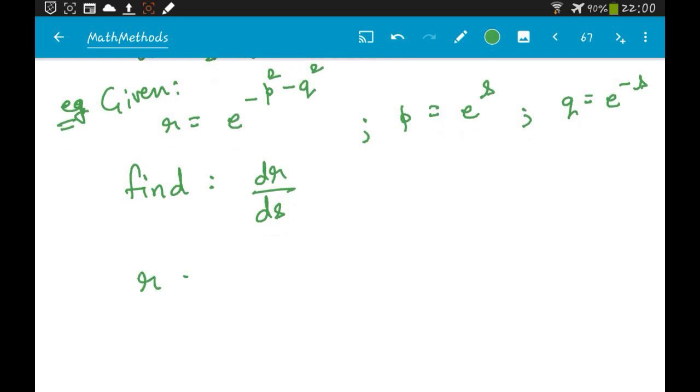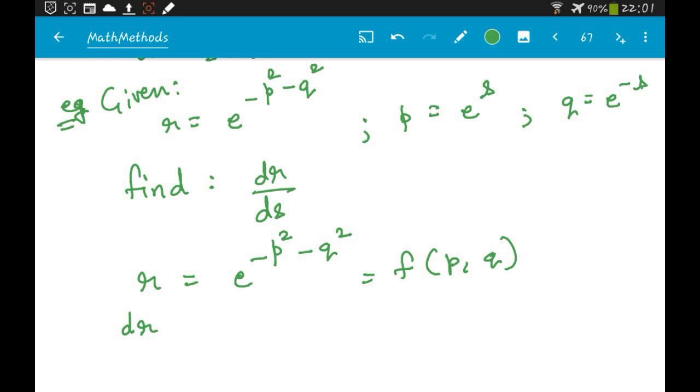So since r is given by e power minus p square minus q square, what is the total differential of r with respect to p and q? Let's call this function f of p comma q.